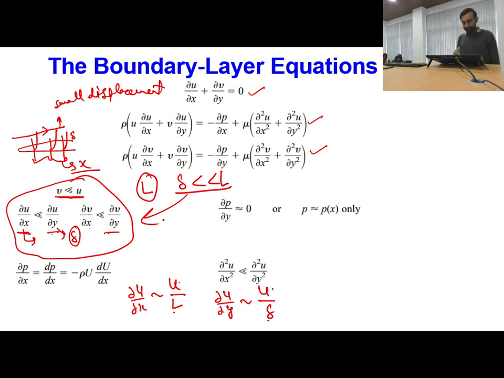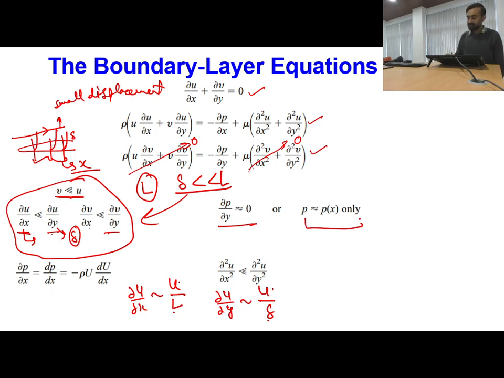Then we have, if I now apply all these things to my y momentum equation, then from the y momentum equation, this term and this term will be 0, and ultimately I will get that del p by del y is nearly equal to 0, which clearly means that pressure is only a function of x.